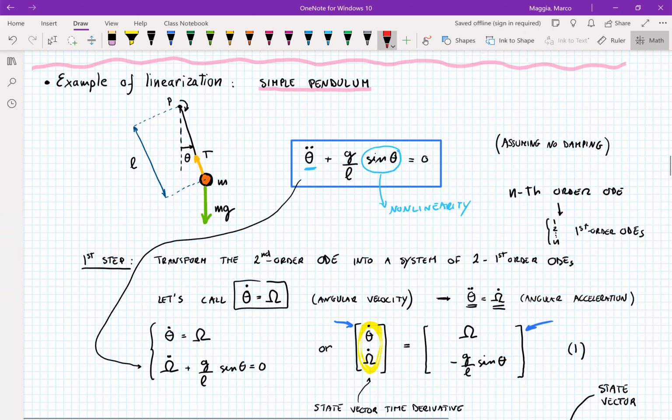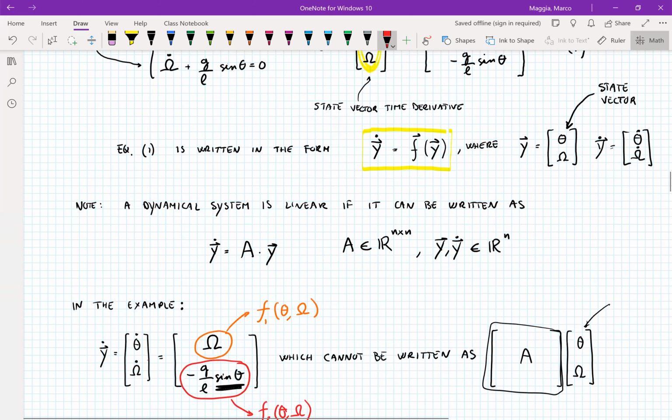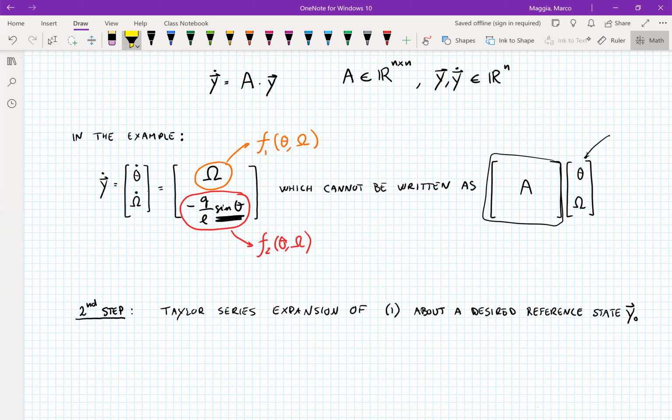Starting from, in this case, a second order ordinary differential equation, we write a system of two first order differential equations. So that is step number one for the linearization in the proper way.